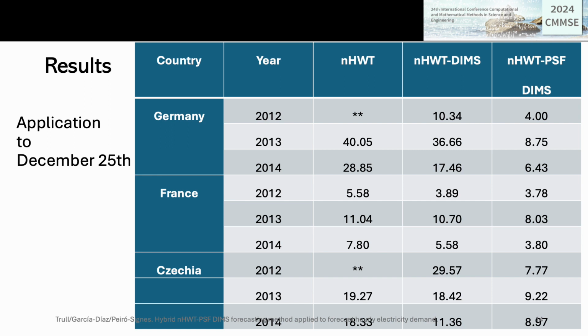This day is really special because it is not only that it could be affected by Christmas Eve or Christmas Bridge, the day 26, but also, for instance, in France, the 26th is also a holiday, and depending on where these days lay during the week, every year has a different behavior of this series.